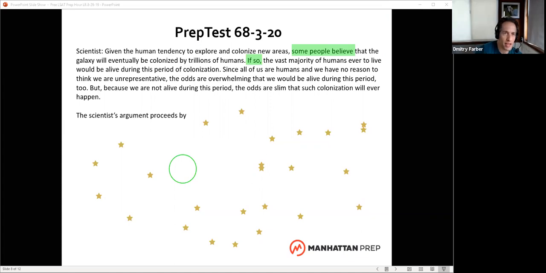They're basically saying, if we go to the stars, there will be tons of us, right? And in that case, most people will live in that time.